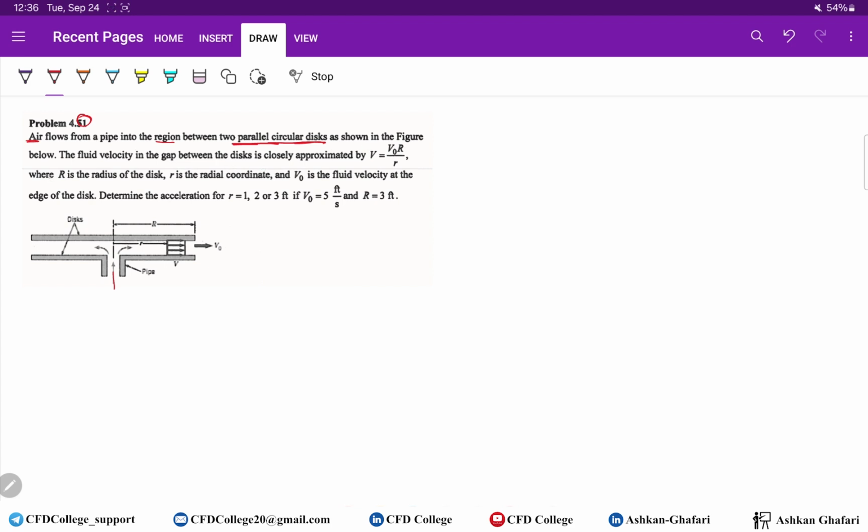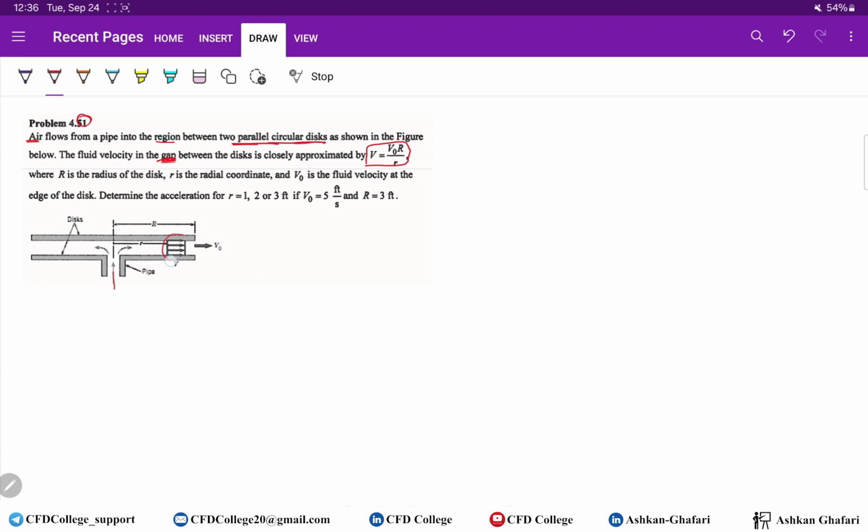As shown in the figure below, the fluid velocity in the gap between the disks is closely approximated by this equation. So although we have a gap, we know the velocity profile along the radius.